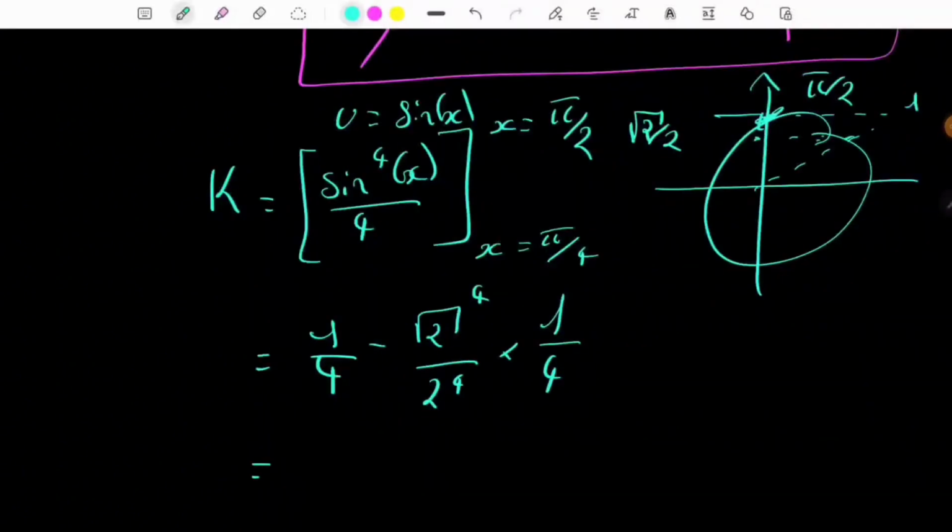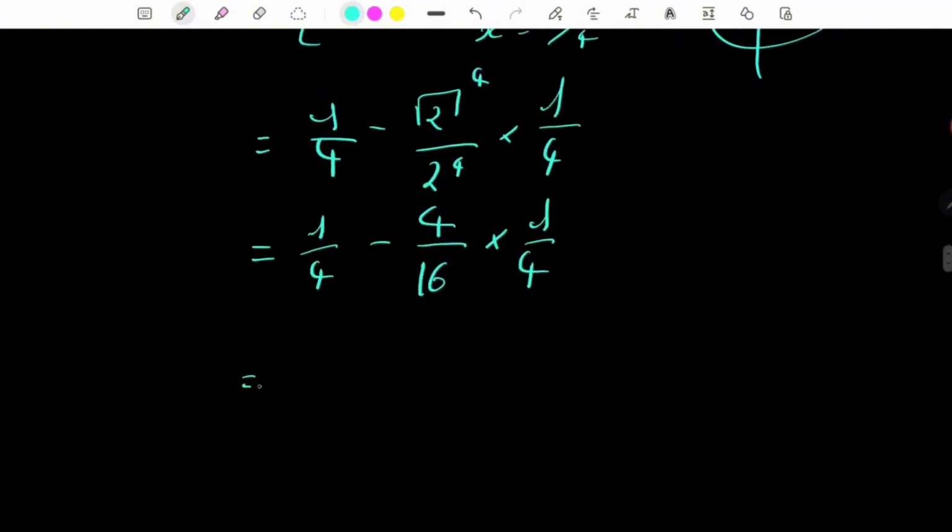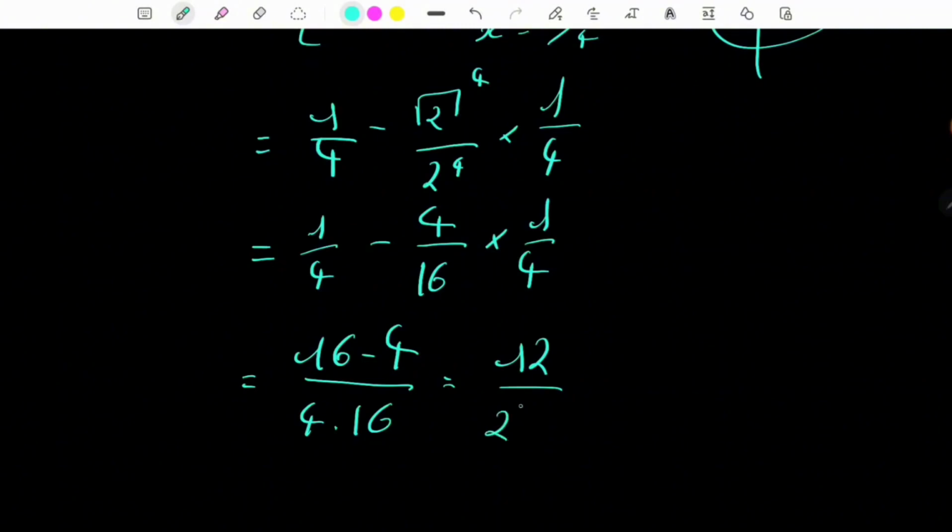So that's equal to 1 over 4 minus 4 over 16 times 1 over 4, which is 16 minus 4 over 4 times 16, which is 12 over 2 to the fourth.